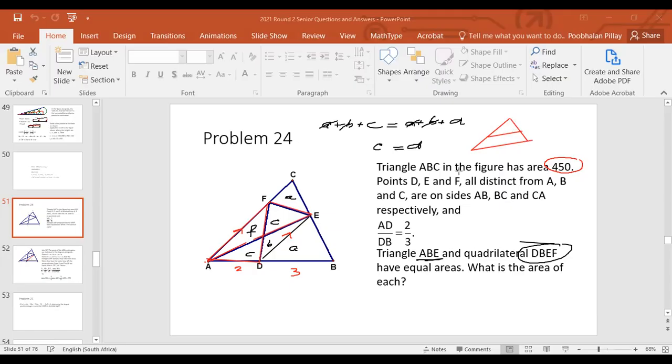All right, so knowing that, we can say that this part is 3 parts and that part is 2 parts, right? But now this part here, BE, is interesting because it is a side of triangle ABE, and we need to find the area of this. So we need to find the area of ABE. So let's go ahead and put area ABE.